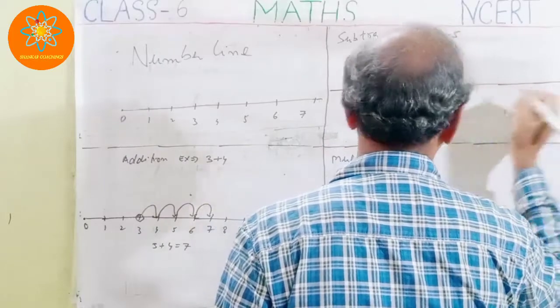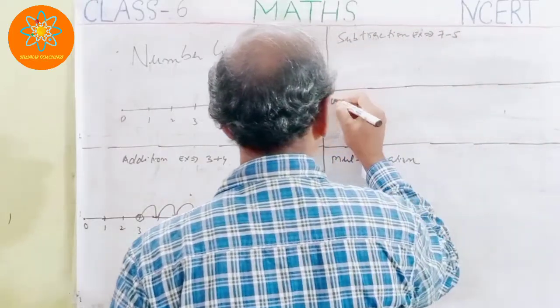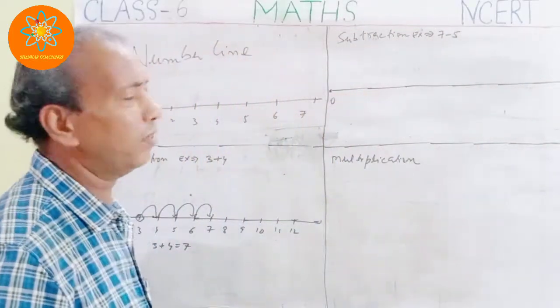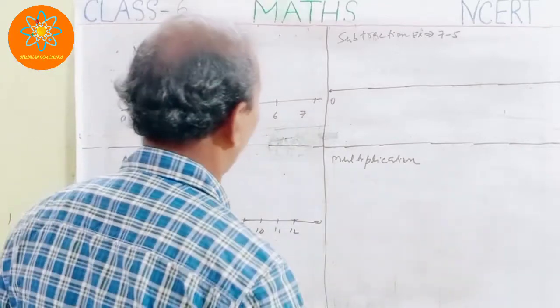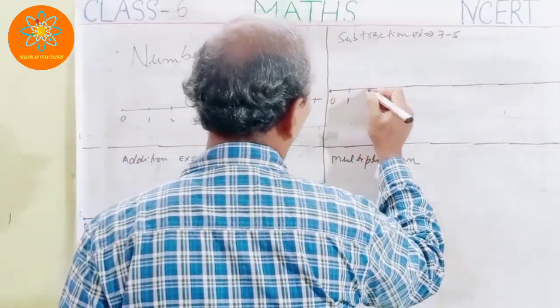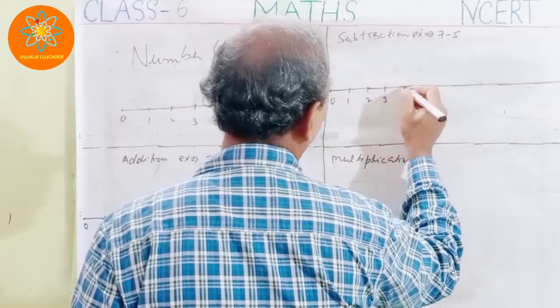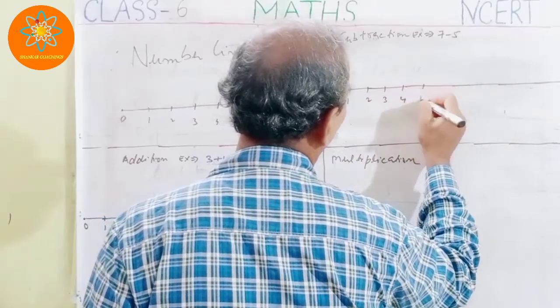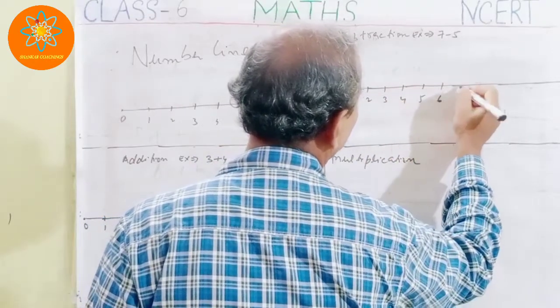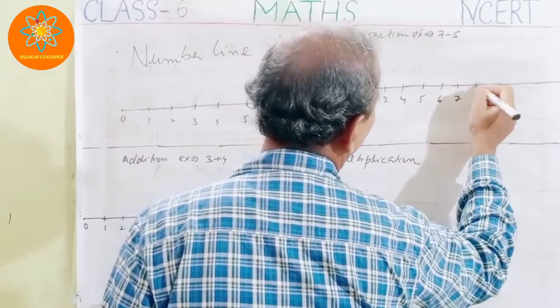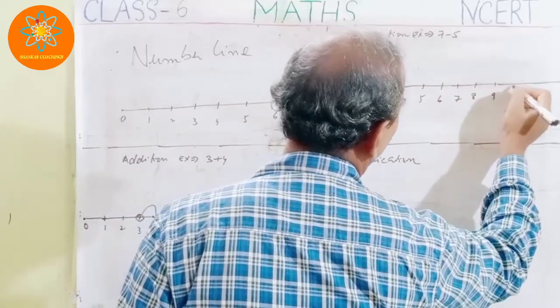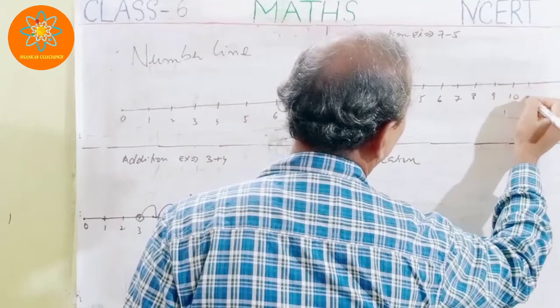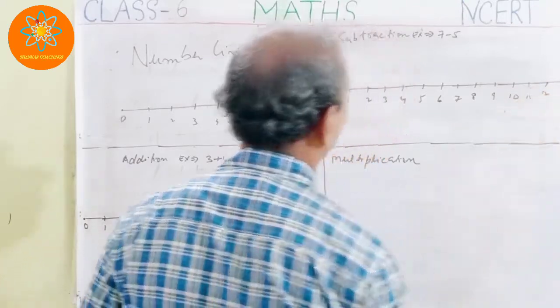It's the whole numbers, so obviously it will start from 0. So 0, 1, 2, 3, 4, 5, 6, 7, 8, 9, 10, 11, 12.